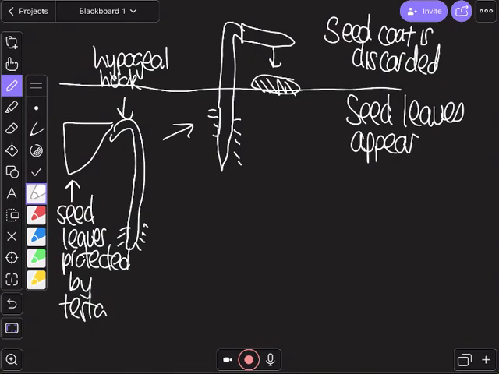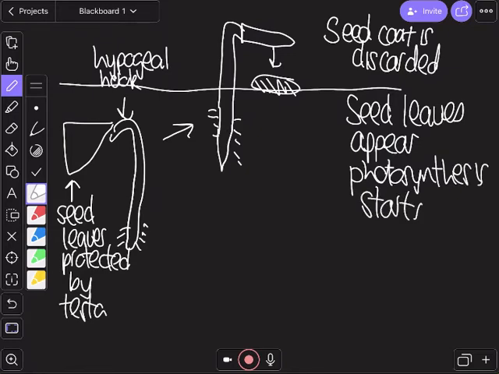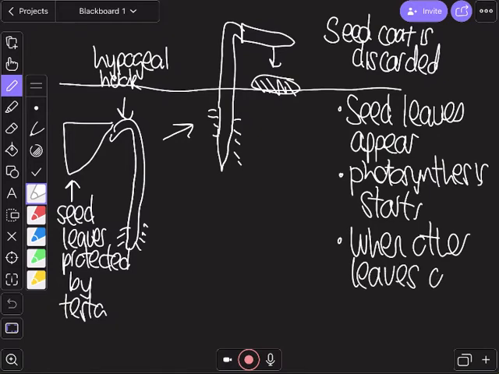And once the other leaves kick in, the seed leaves will disappear. So seed leaves appear, photosynthesis starts. And when other leaves appear, the seed leaves die. Or they wither. Seed leaves wither.